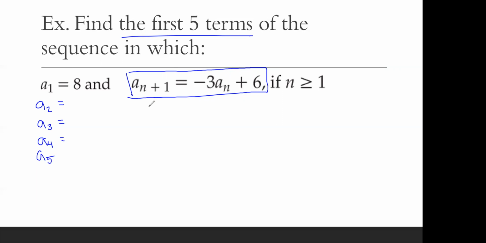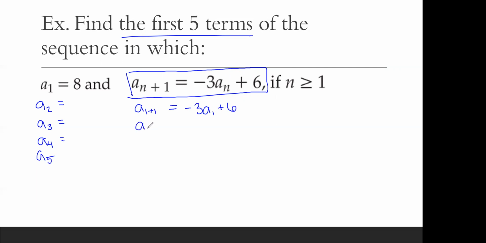To find the next term, we would have a sub 1 plus 1 is equal to negative 3 times a sub 1 plus 6.